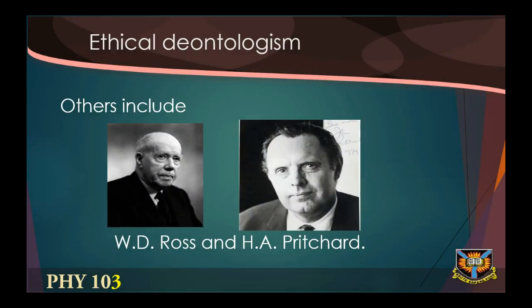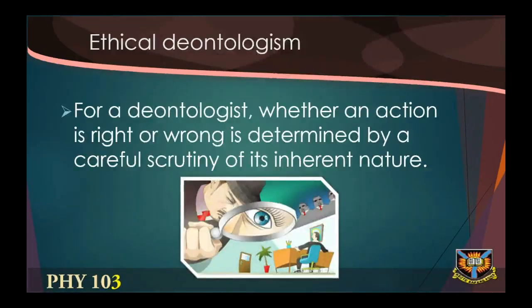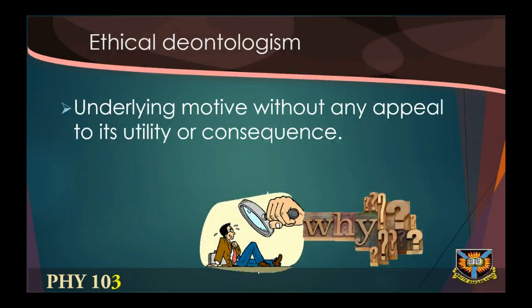Rather, the moral value of an action is to be determined by a consideration of its inherent nature or the motive behind it. For a deontologist, whether an action is right or wrong is determined by a careful scrutiny of its inherent nature or underlying motive without any appeal to its utility or consequence.